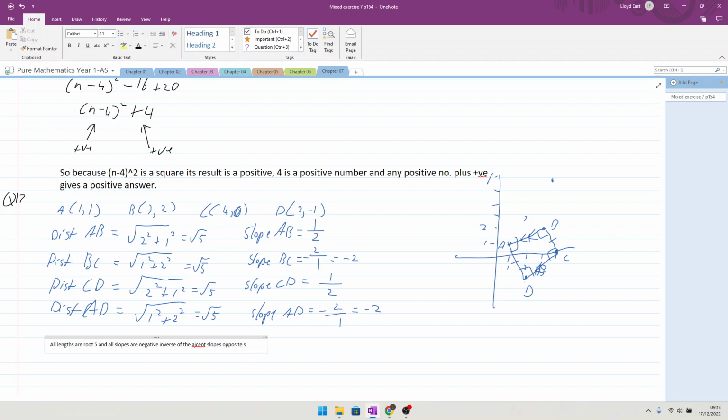Opposite slopes are parallel. So this makes a square.